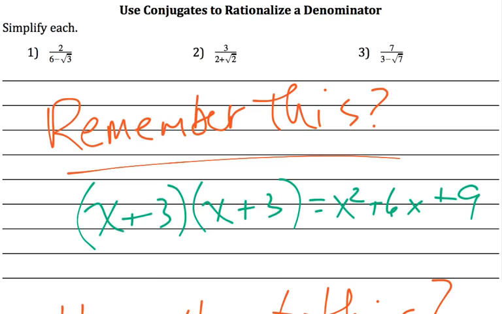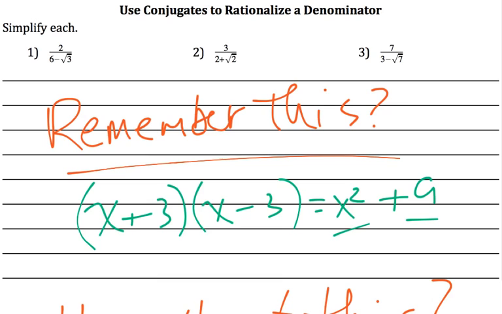That's way too many terms, maybe. What if instead I had multiplied it by the opposite symbol? So instead of having 3x plus 3x, now this term goes away, and I just have x squared plus 9. And that's kind of cool because you end up with these squared terms.